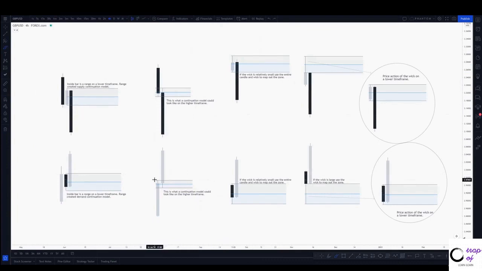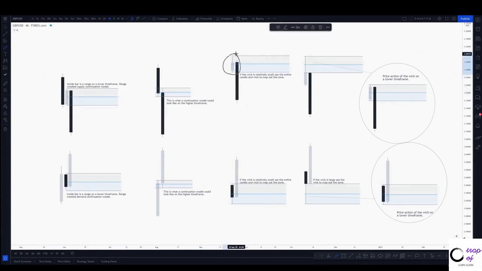And then finally, the last refinement that we can use involves wicks, and more specifically large wicks that we see when zones are created. So in this first example, what we see is that price has a fairly large wick to the upside. We get that move to the upside and then a rapid move to the downside. We can say that a supply zone has been created, and again, we'd be waiting for price to return to that supply zone.